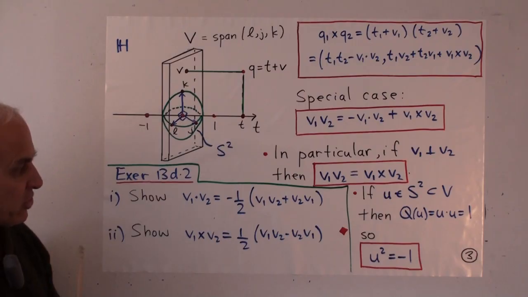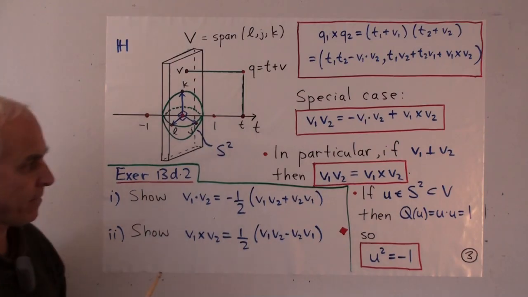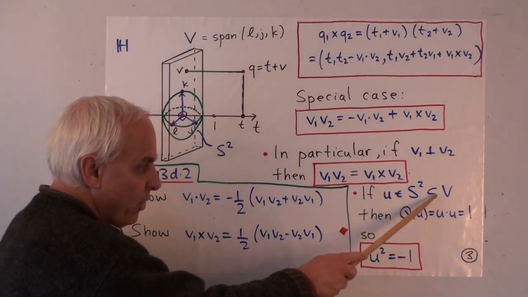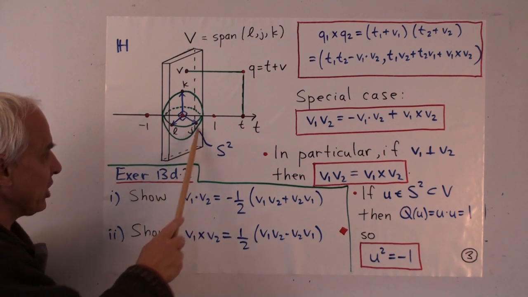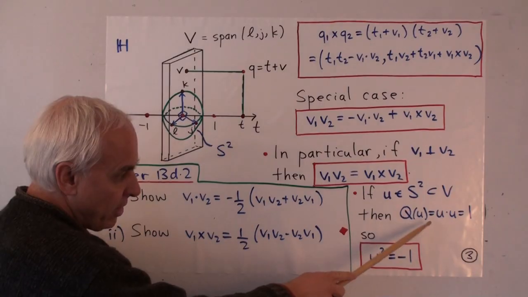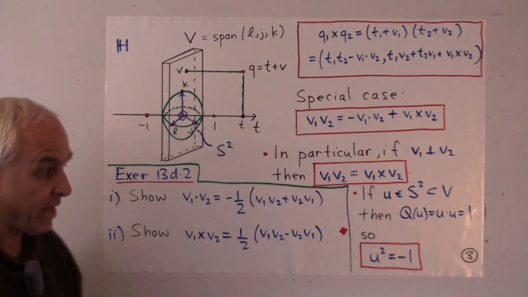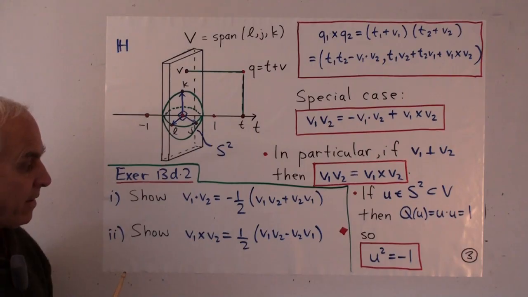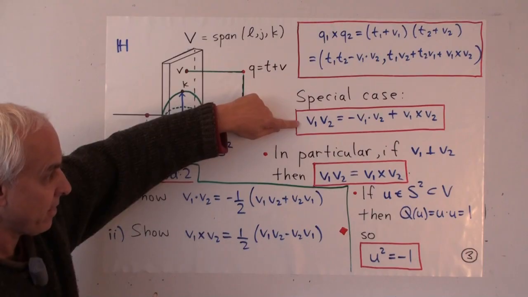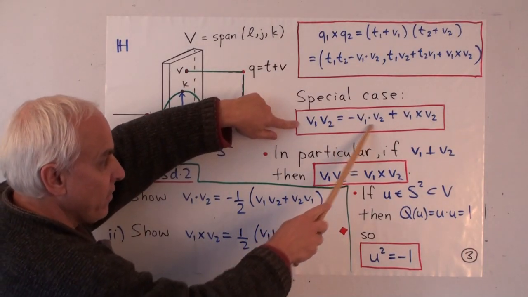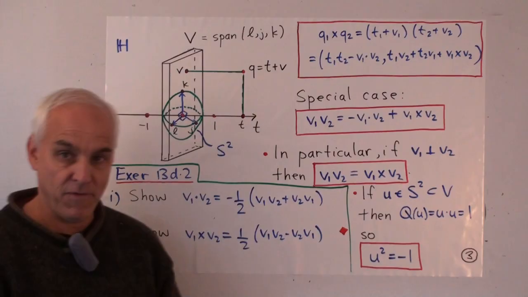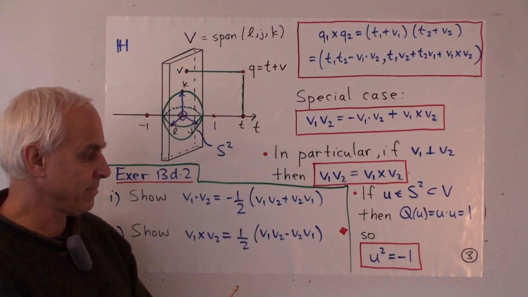And another special case is this one here: if we have a vector u which is a unit vector, of length 1, or quadrance 1, so that its quadrance, which is u dot u, is actually 1, then u squared will be equal to minus 1. Because in this formula, we'll get minus 1 for the dot product, and when we take the cross product of u with itself, we get 0.